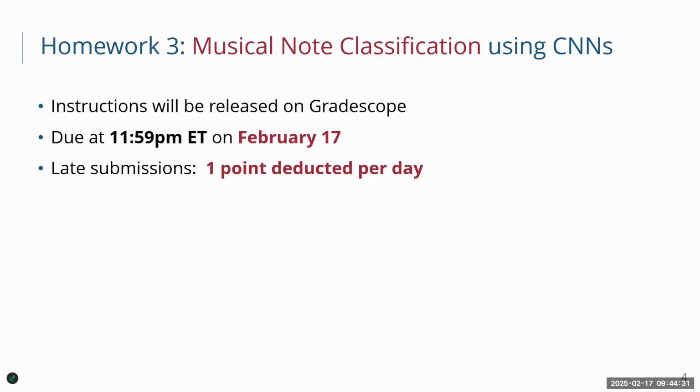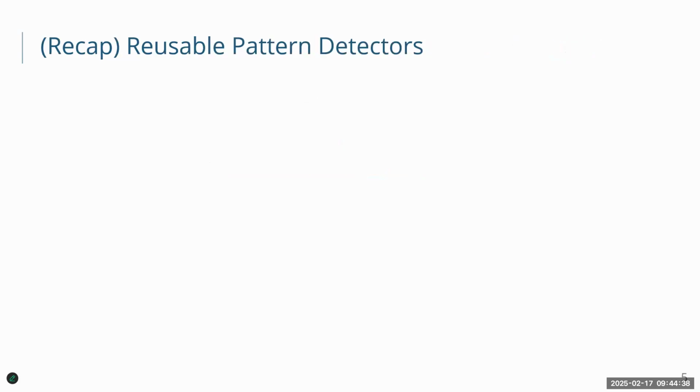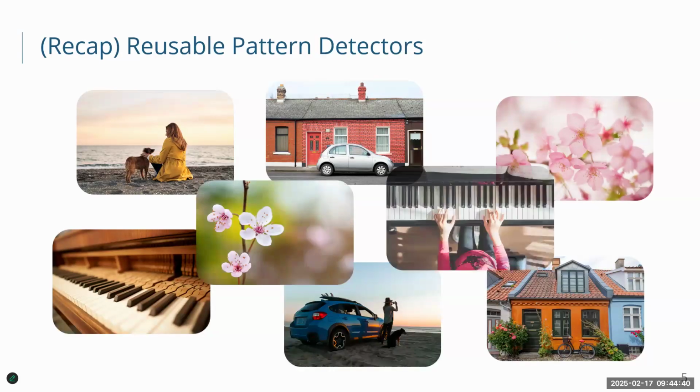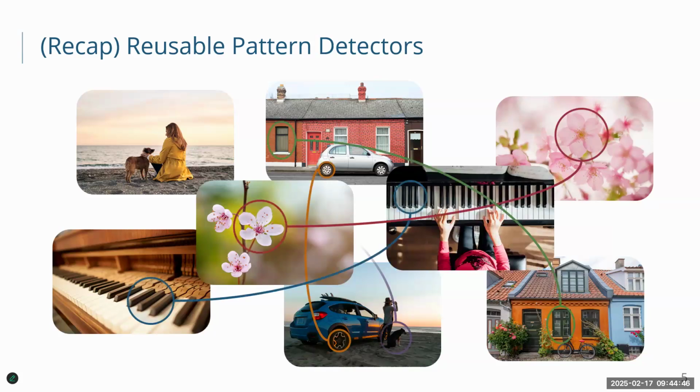There's still some complexity, as you will see. Cool. Last week we were talking about CNNs. The key idea of CNNs is to learn reusable pattern detectors. That's the high-level intuition you want to remember.